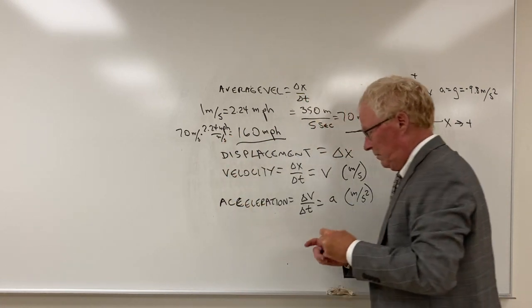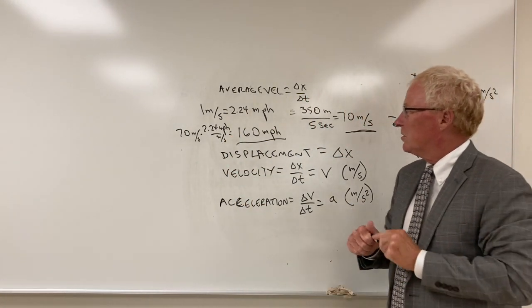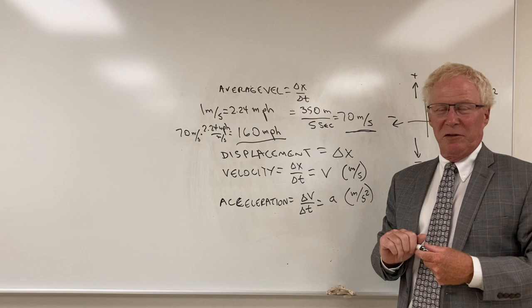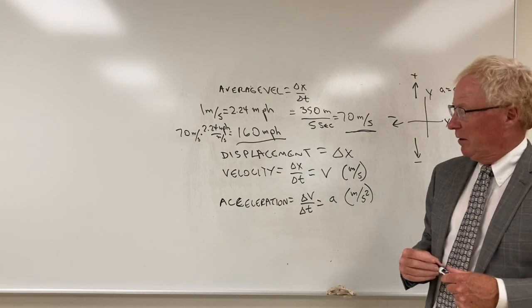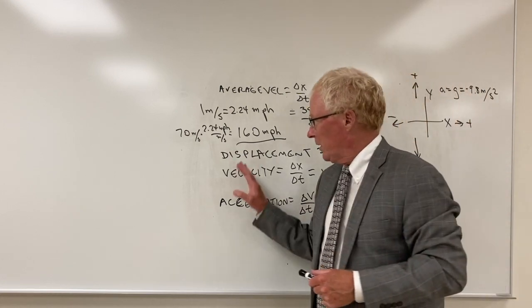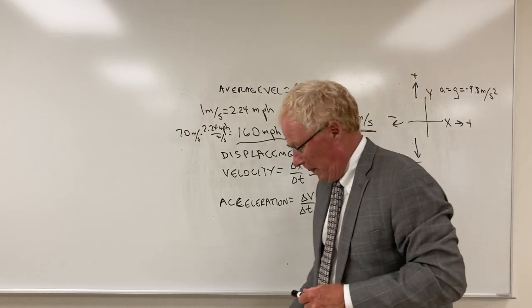And sometimes conversion to English is useful because we understand English distances, unfortunately, better than metric distances. So that's what the average velocity would be.